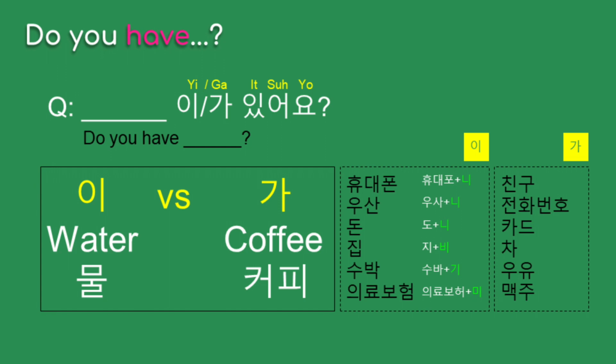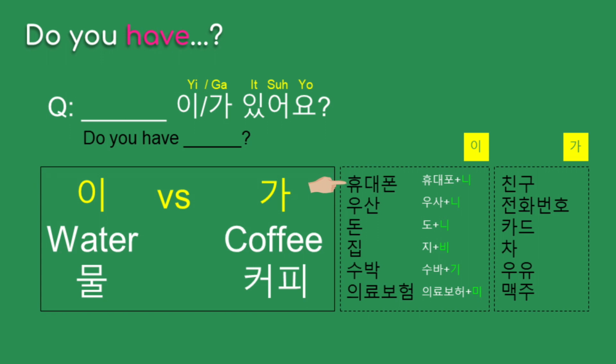So these are all the words that have 받침 at the end. So you need to use 이 after these words. 휴대폰이 있어요. 휴대폰 is cell phone. It's kind of Konglish. 휴대 means portable, so you can take it and bring it anywhere. 폰 is phone.